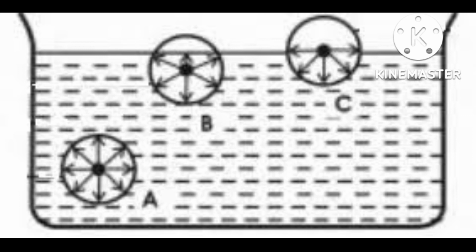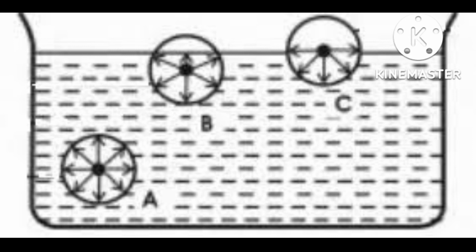Listen, this is an important thing. When the surface area is minimum, that time energy will be lowest. That's why liquids want to reduce their surface area, because energy will be less.